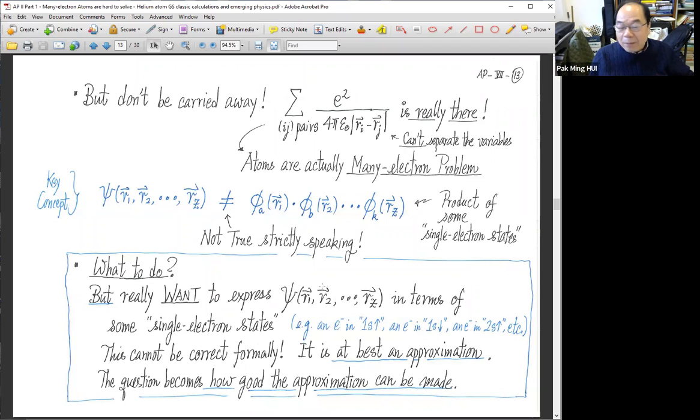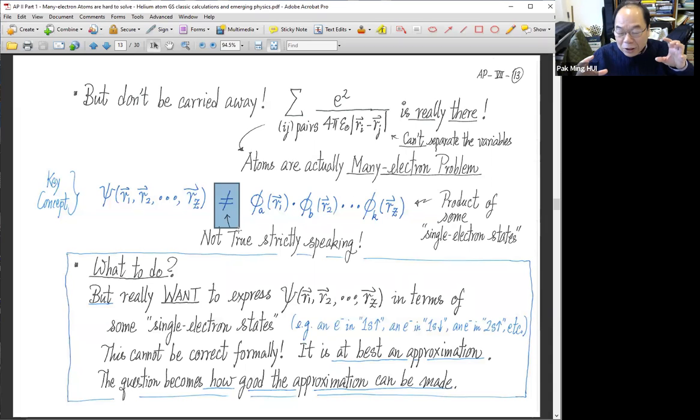So we will make some approximation. In particular, we just said that we cannot do that, and then a few pages later, we are going to do that. We will make it equal. So that is at best approximate.